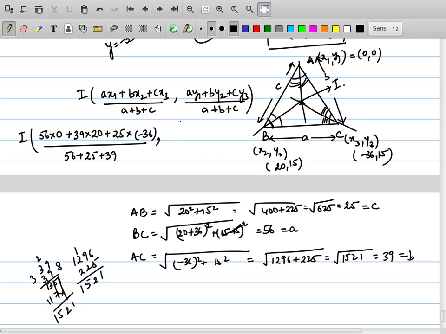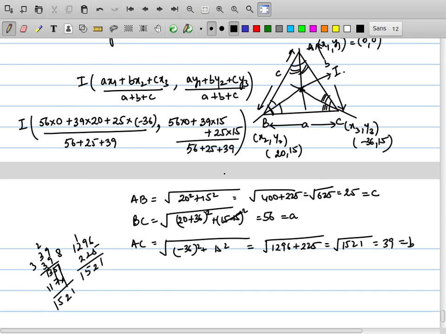Similarly, a y1: a is 56 into y1, which is 0. Then b is 39 into y2, and c is 25 into y3, 15, upon 56 plus 25 plus 39. We just have to solve this.